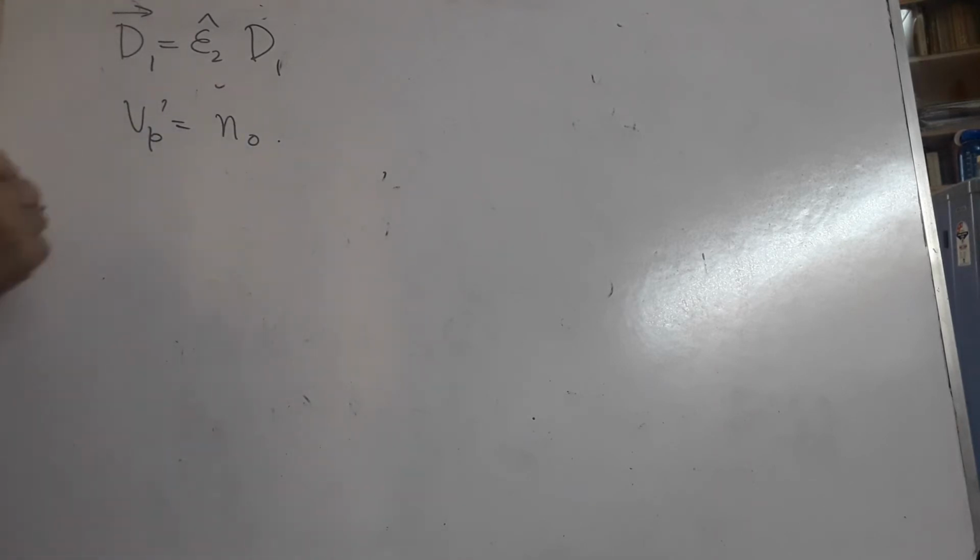Now let's go to D2, which is orthogonal to k.